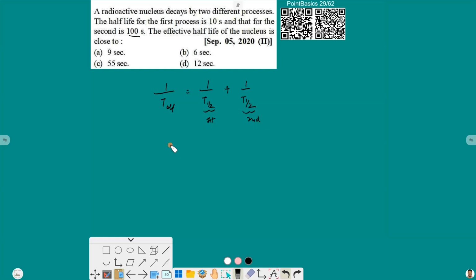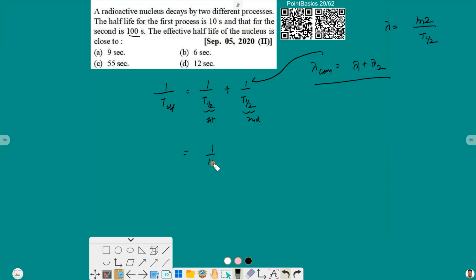Also we have the relation that if you want to find lambda combined, it will be equal to lambda 1 plus lambda 2. And we know that lambda is ln 2 by T half, so we can derive this expression from this one. Let's substitute the values.